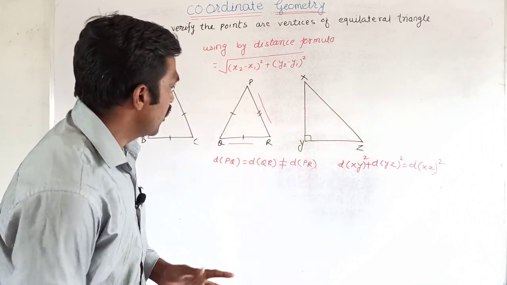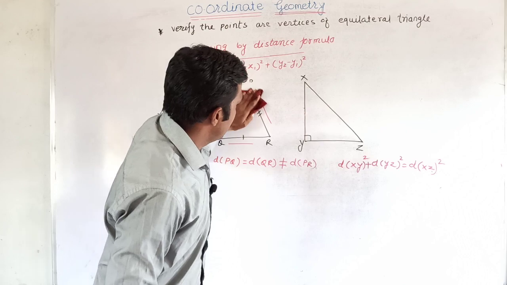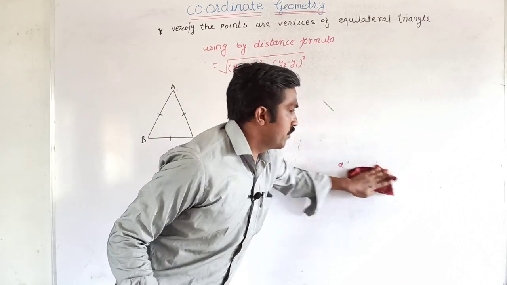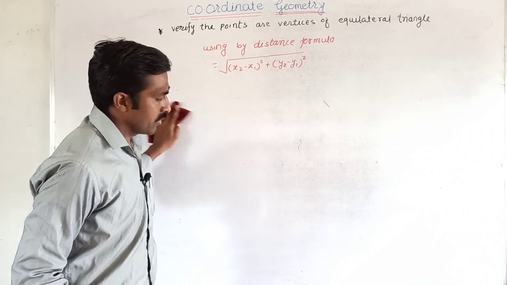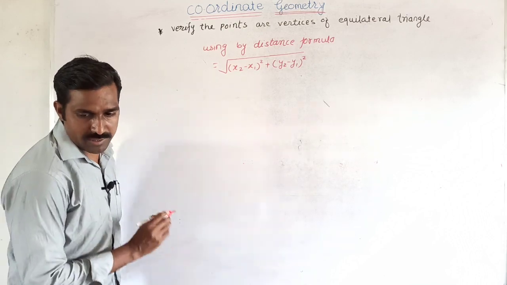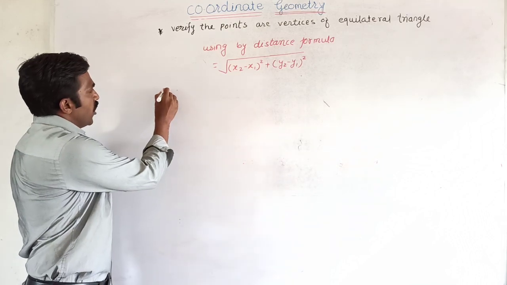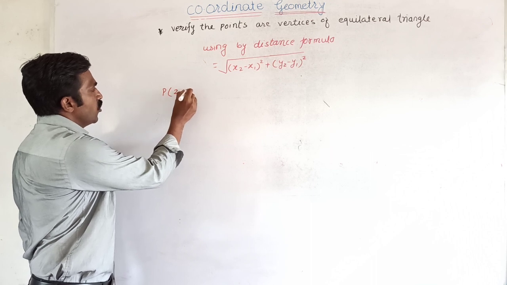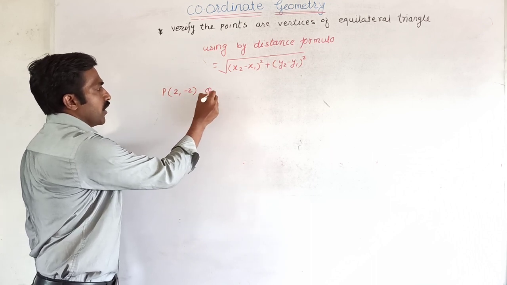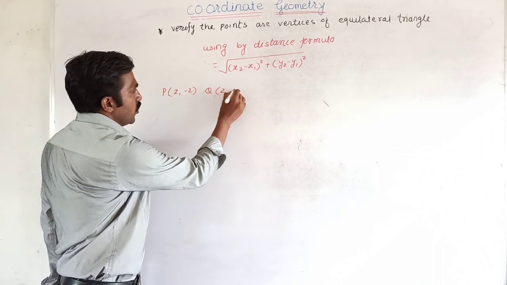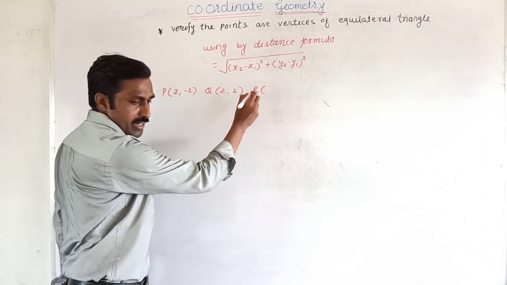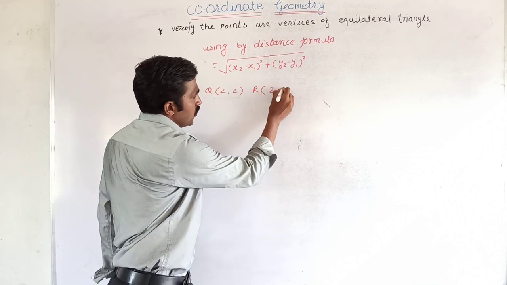Okay. So for example, point P (2, -2), another point Q (2, 2), and point R (2, 7).